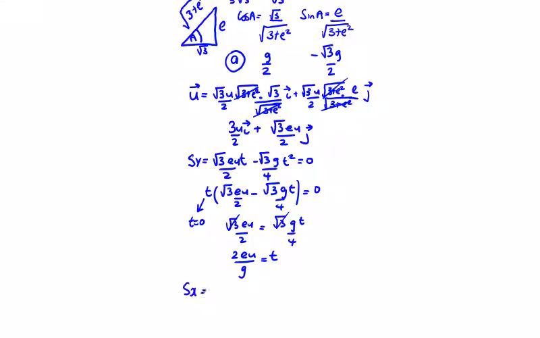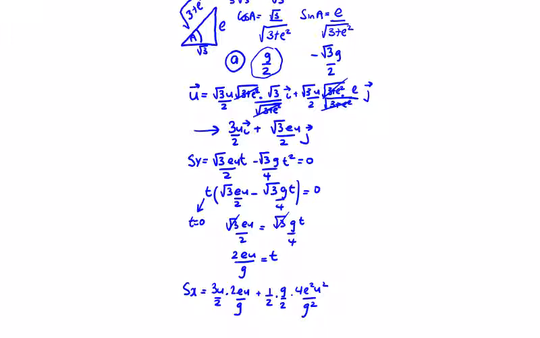So then if I find s of x at this time, s of x is equal to ut, so 3u over 2 from here times this t, which is 2eu over g, plus a half at squared, so plus a half by g over 2, my a, and then my t squared will give 4e squared u squared over g squared.